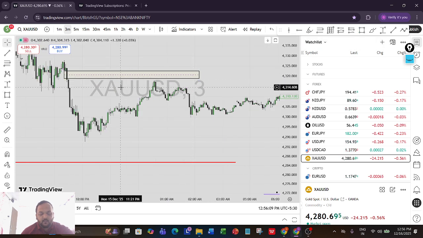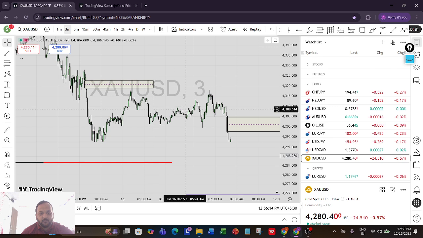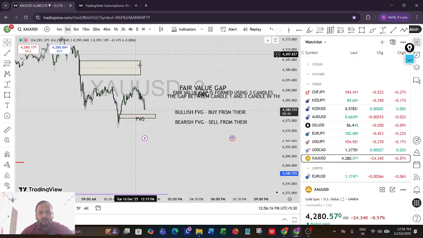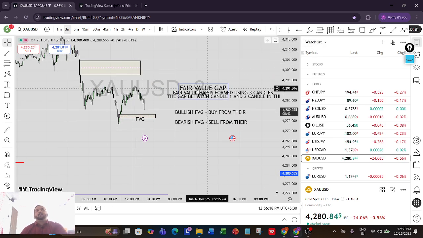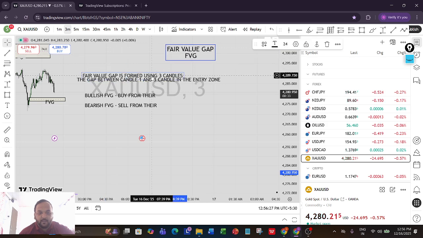Most of the time people trade on fair value gap. It's very easy to trade, and you have to keep your target as 1 is to 2, 1 is to 3. Okay, so this is the simple way of understanding exactly what the fair value gap means.